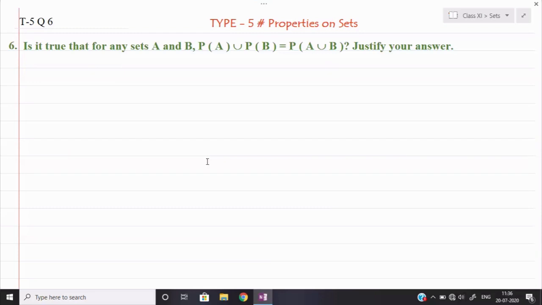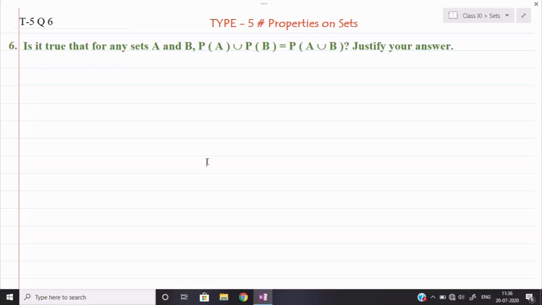This we shall try to examine with the help of an example, and let us see whether this example gives us the right result or not, because if this statement is right, it should be valid for all the examples I am going to consider.